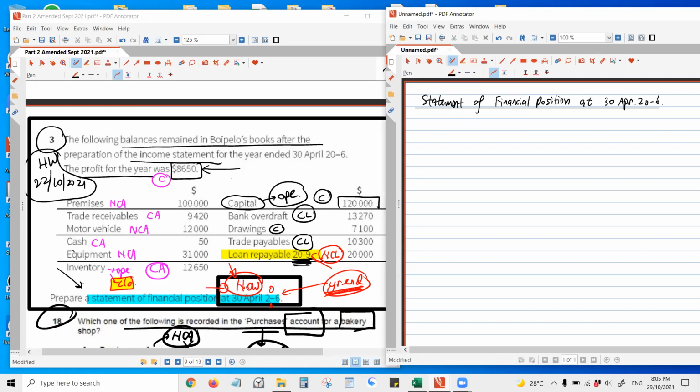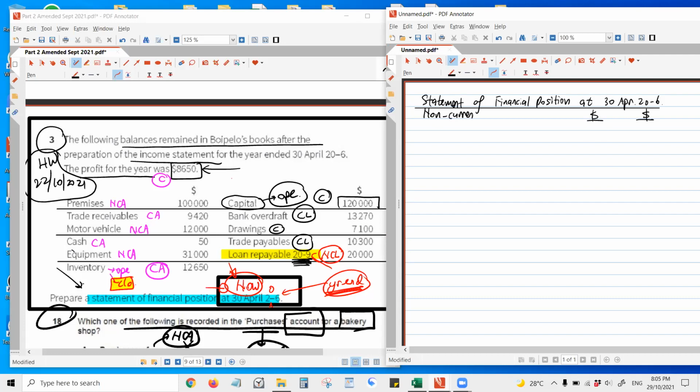No worries. In the exam, all this would have been given to us. And then the dollar sign. So let's start, starting with the asset section.